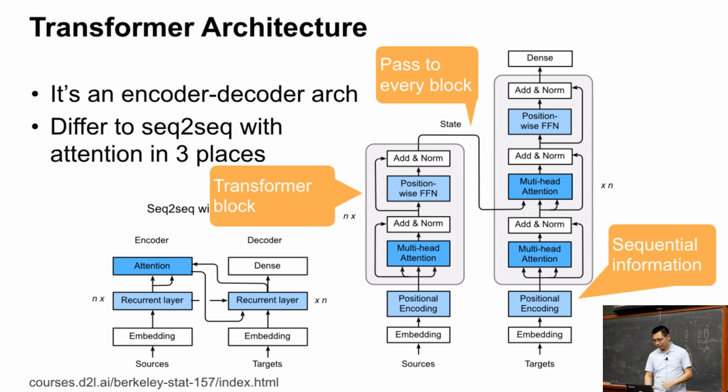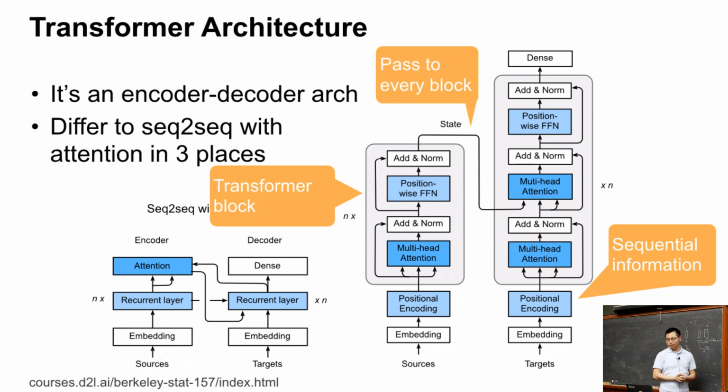The last one: because the attention layer cannot take sequential information, we add a positional encoding layer to add all this sequential information to the input. So the network will know that, even though I don't care about the order, each element is a little bit different and has time information there, so I can still get something from it. But beyond that, these two are very similar to each other.